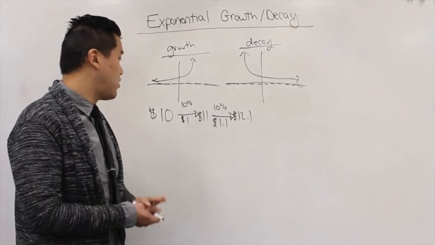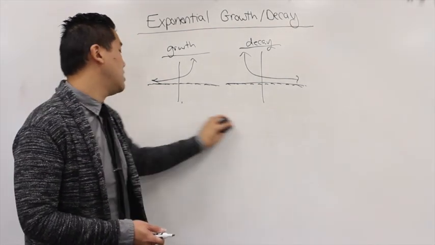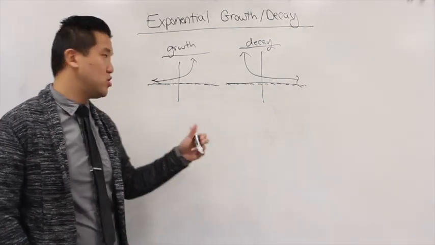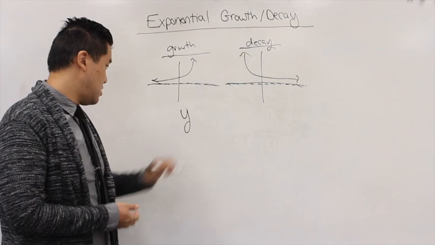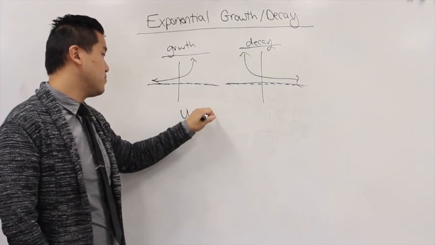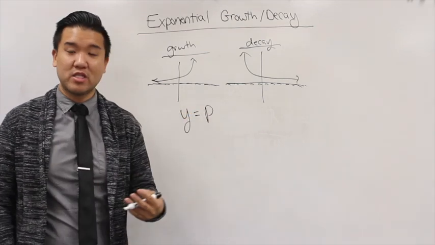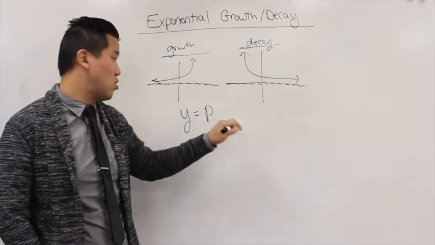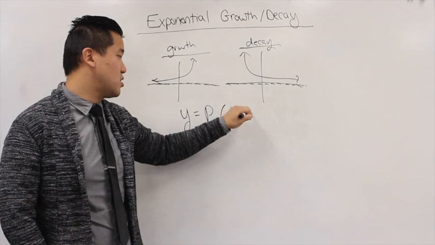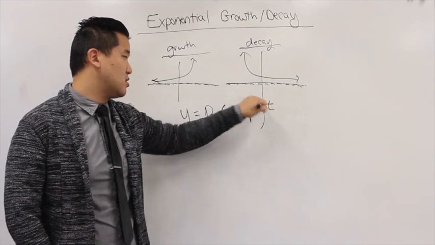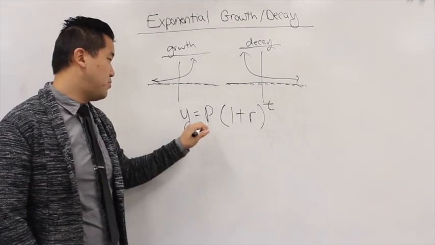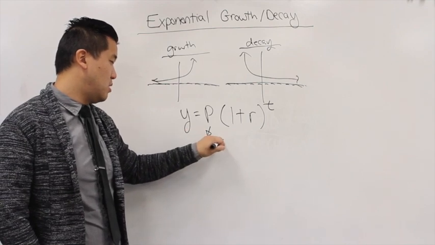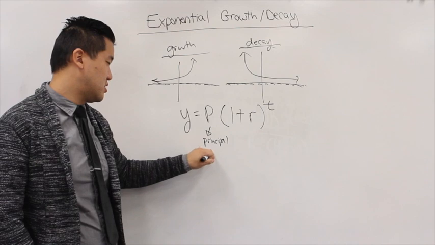With growth and decay, there is a formula that you want to know. We have y equals P times (1 plus r) to the t. P is your principal, your starting amount. How much money are we putting in the bank? How much is the car worth? It's your initial.